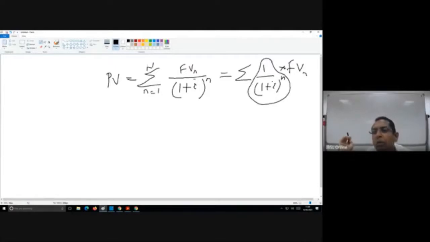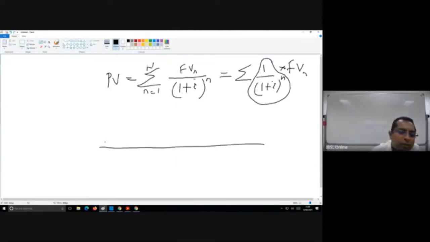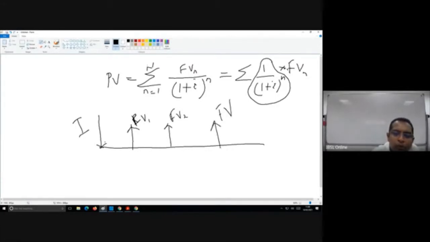What we do with this formula is, you have a project where you have an initial investment I, then you will have cash flow 1, R1, future value 1, you have the second one, future value 2, third one, future value 3, future value 4, like that you will have.